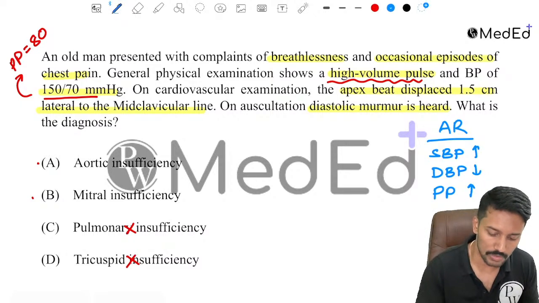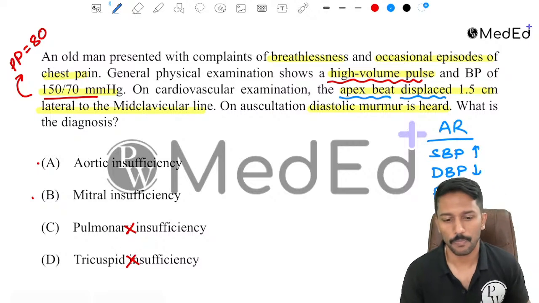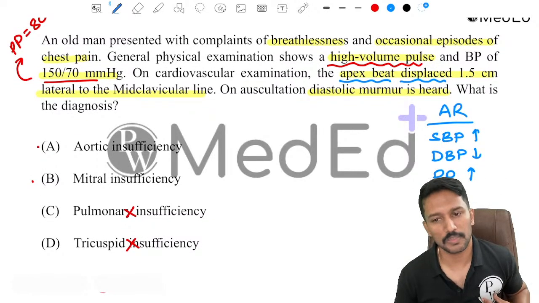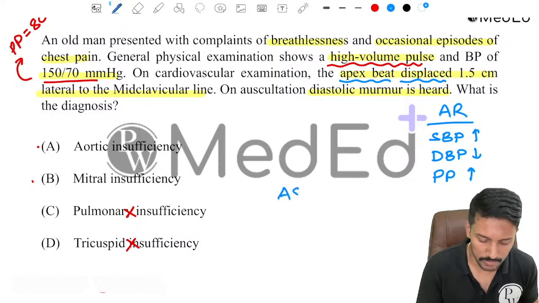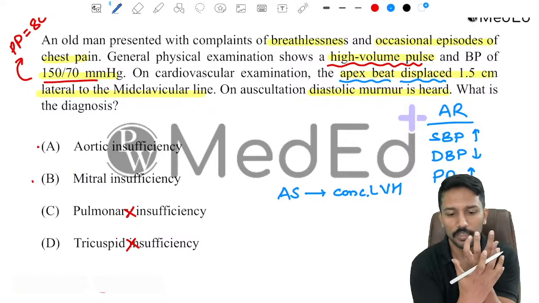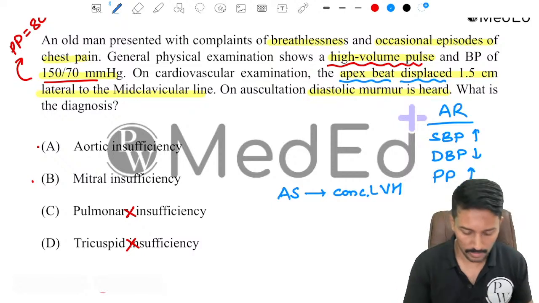Can both of them cause displacement of the apex beat? Can aortic stenosis cause displacement of the apex beat? No. In aortic stenosis there is concentric LVH, where more muscle mass is added inside the ventricle. The ventricle doesn't grow much outward, so the apex beat will not be displaced.